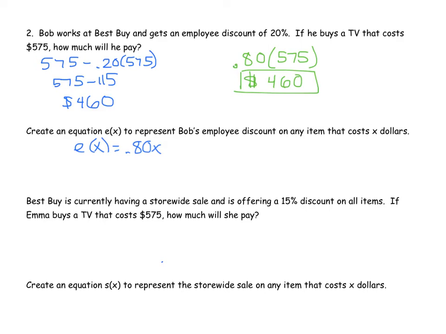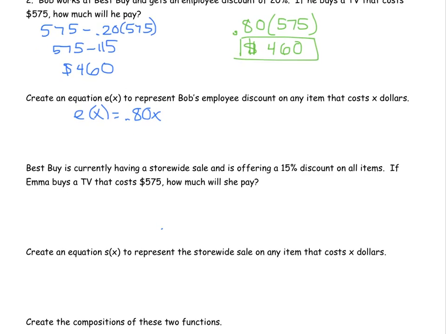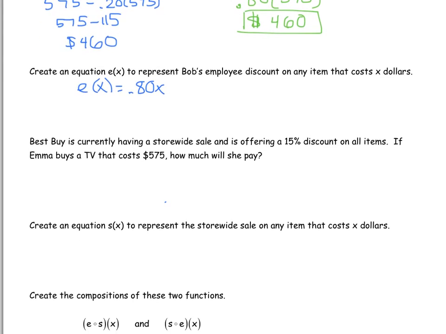Okay, the next one says Best Buy is currently having a store-wide sale and is offering a 15% discount on all items. If Emma buys a TV that costs $575, how much will she pay? So again, let's try to think about it, not just that she's going to get 15% off, but that she's going to pay 85% of the total cost. So 85% of 575 is 488.75.